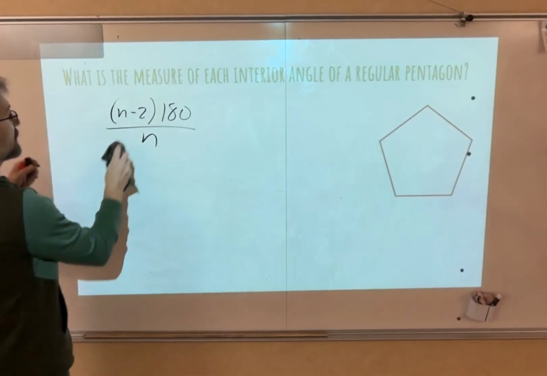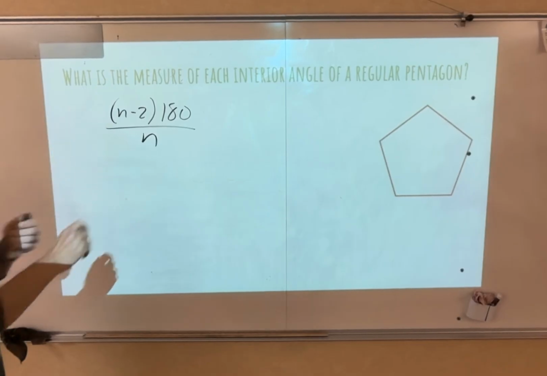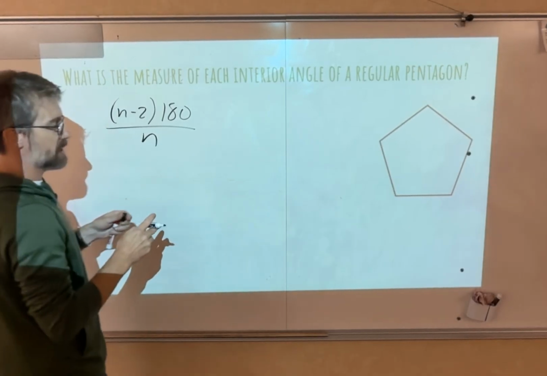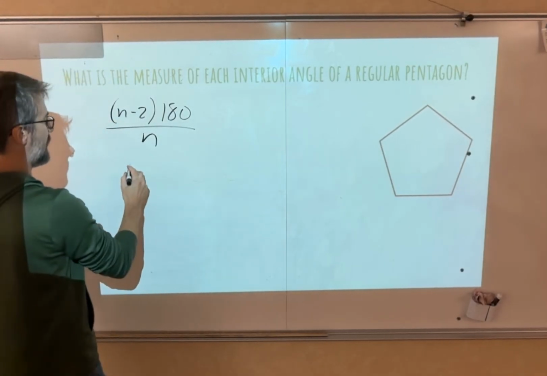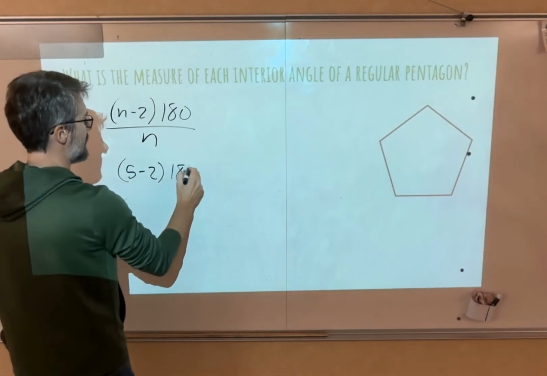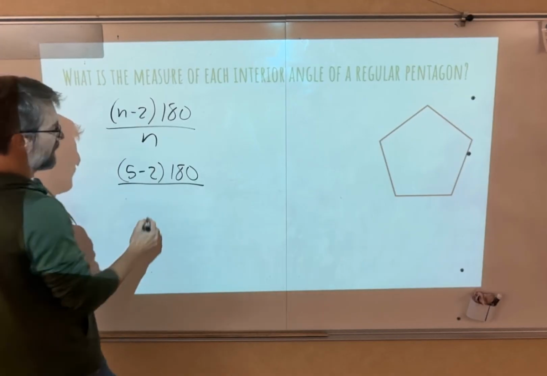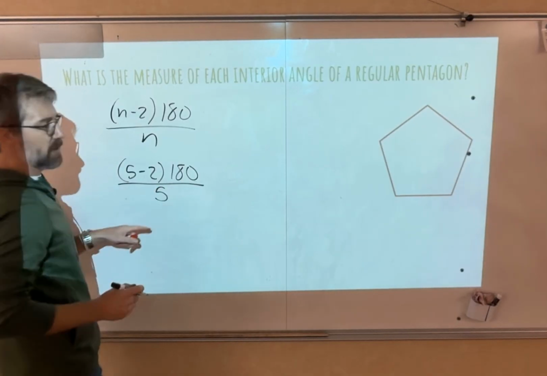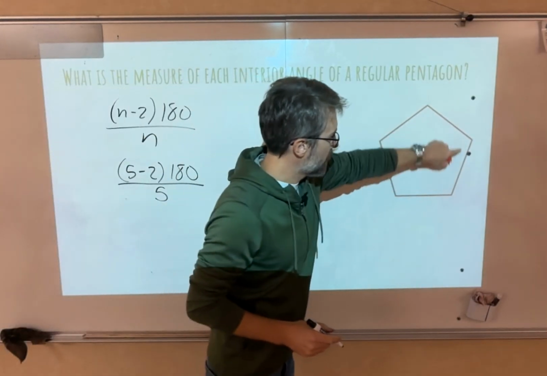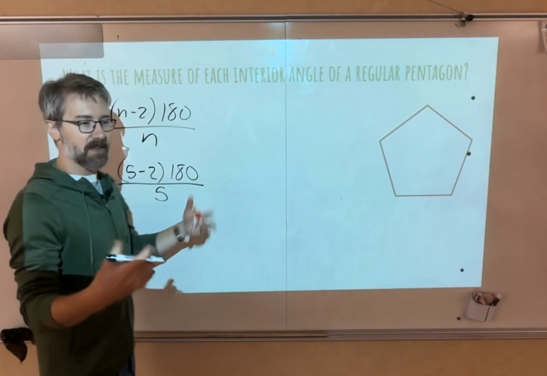All right, so for example, we want to know the measure of each interior angle of the regular pentagon. Now, we've already done some pentagon stuff, right? We know n is equal to 5. 5 minus 2 times 180, that's going to give us 540. So I want to divide that 540 by the number of angles. It's 540 on the inside, so there's 5 angles. How do I split that evenly 5 ways?